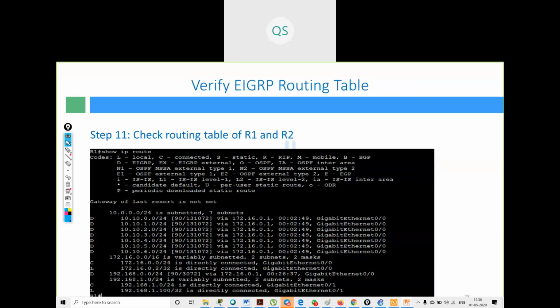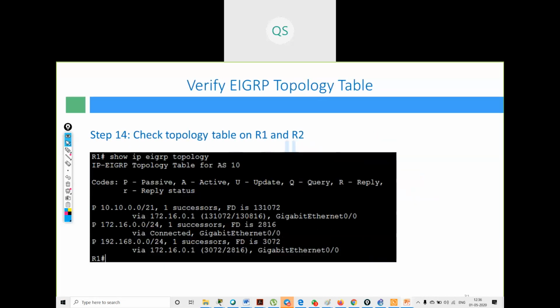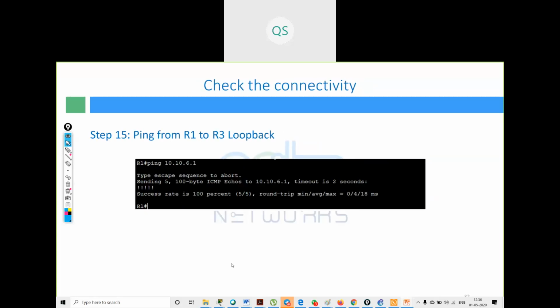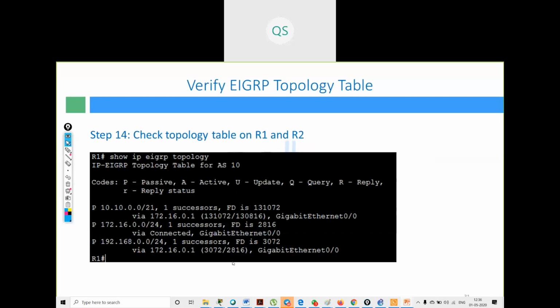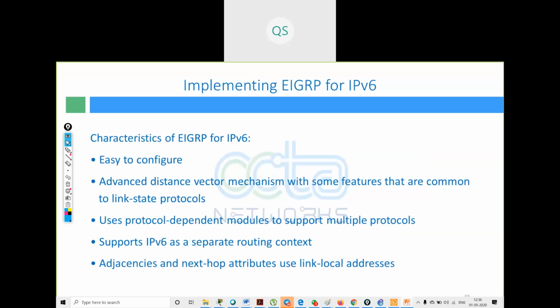We have seen this summary part. Topology table: show ip eigrp topology. In the EIGRP topology, I will have the successor and feasible successor information, if any feasible successor is present. Check the connectivity.